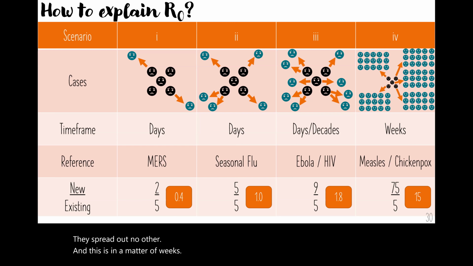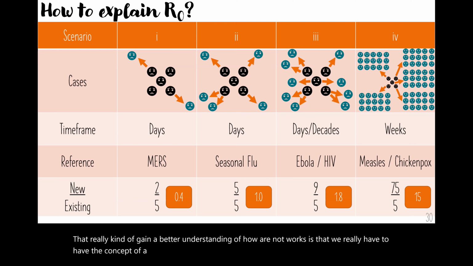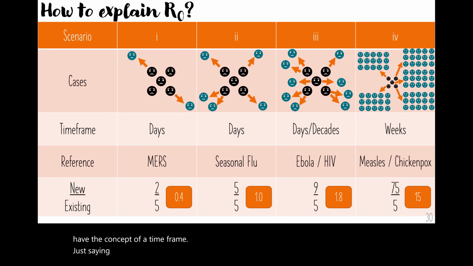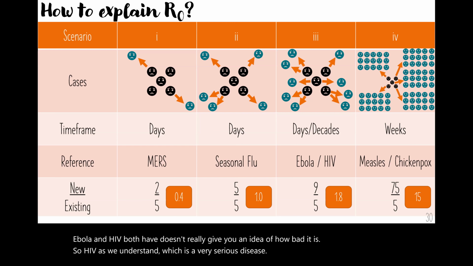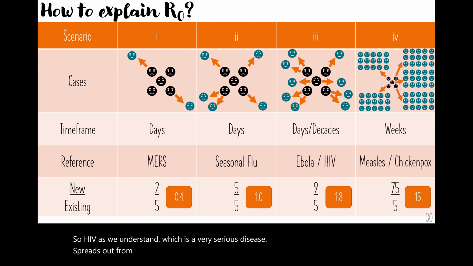okay? So to truly gain a better understanding of how R naught works, we really have to have the concept of a time frame. Just saying that it has an R naught of 2, like Ebola and HIV both have, doesn't really give you an idea of how bad it is. Okay, so HIV, as we understand, which is a very serious disease, spreads out from every one person to 2 people, but it takes a couple of decades to do so.